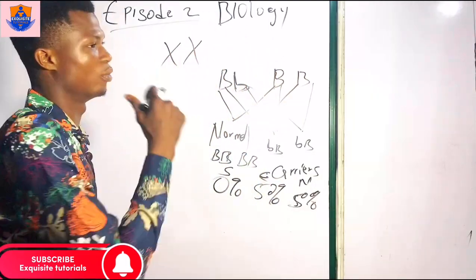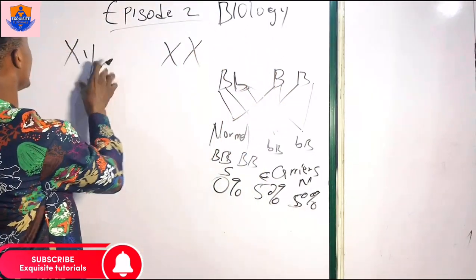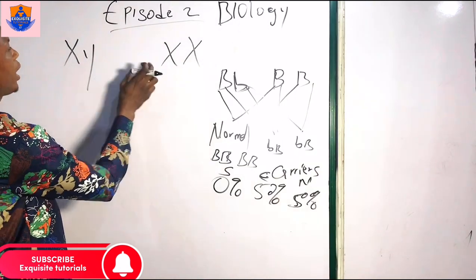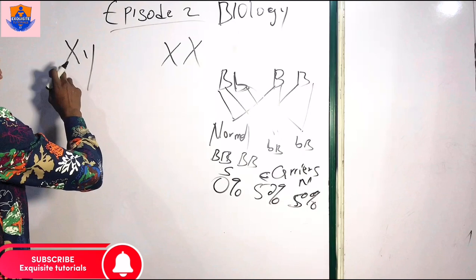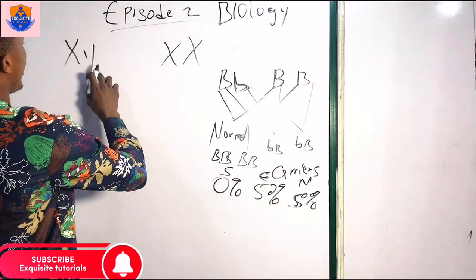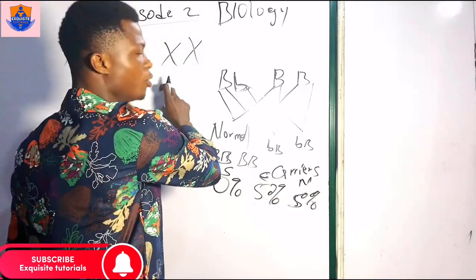Now I need you to understand that the male is XY, while the female is XX. A male child only takes the Y chromosome from the father and the X chromosome from the mother.